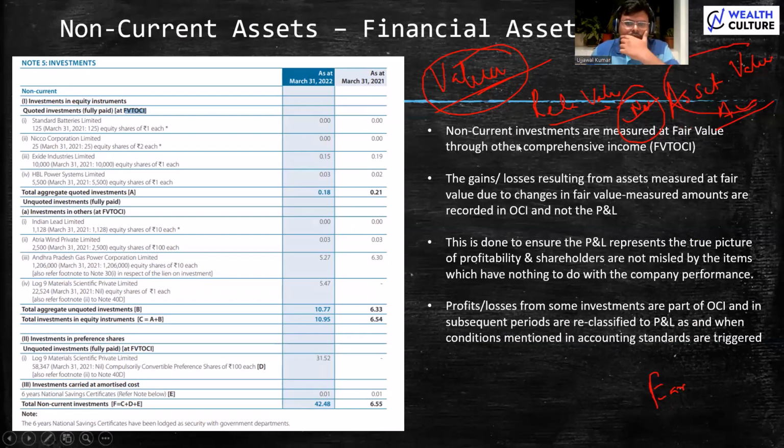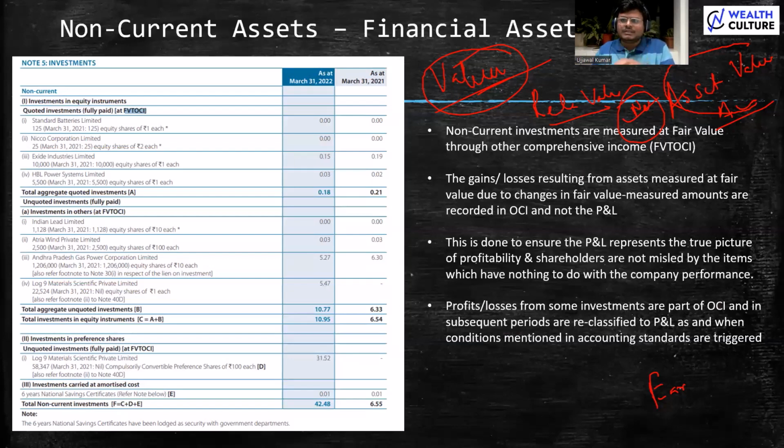Sorry. So now let's get into the investment section. So now we are getting into the financial assets, and this is a very interesting section because there are all types of financial assets that a company might be investing into, and there are different accounting principles also as to how the value can be realized in the balance sheet as well as the P&L.